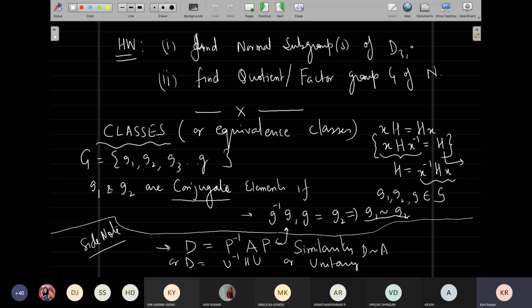What is interesting further about this transformation is this. What we wrote as G inverse G1 G is equal to G2, I can also write as G1 in terms of G2. Earlier it was G inverse G1 G is equal to G2.